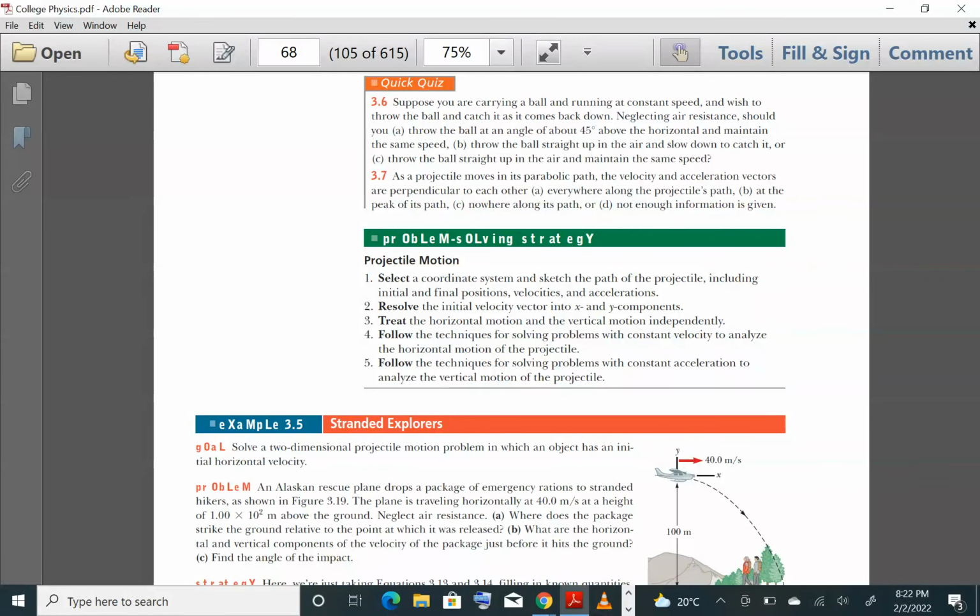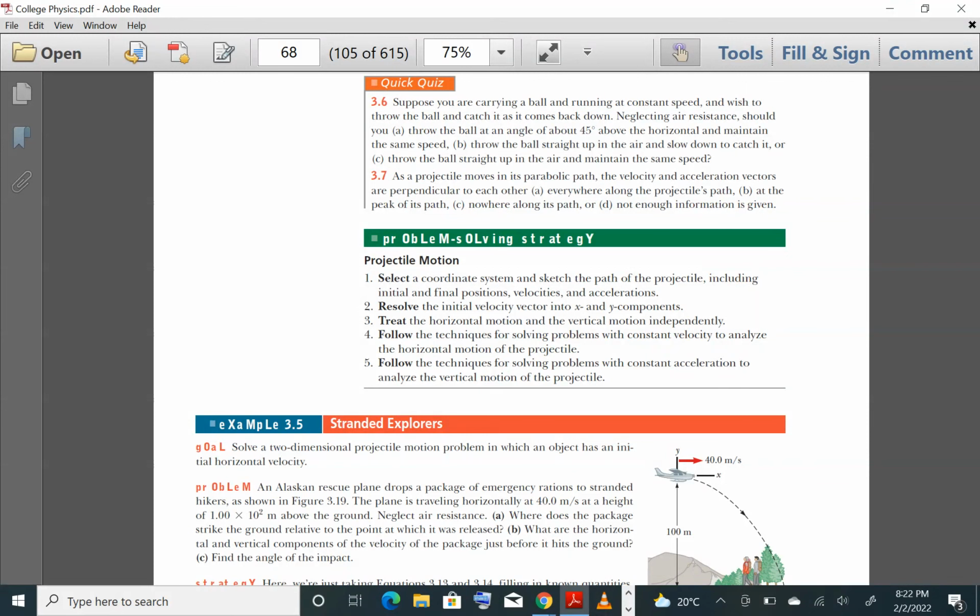Now these people are stranded. The plane is traveling horizontally at 40 meters per second at a height of 100 meters above the ground.